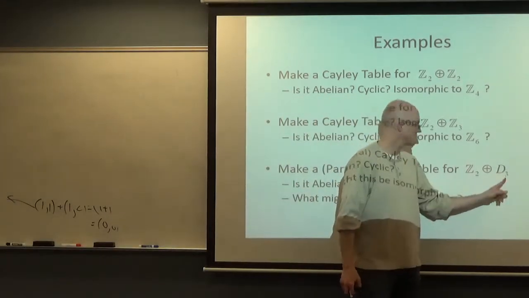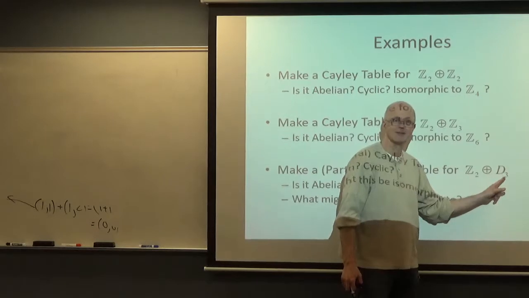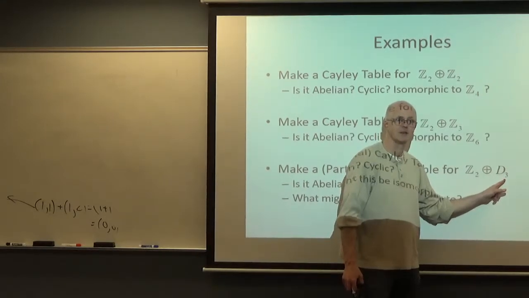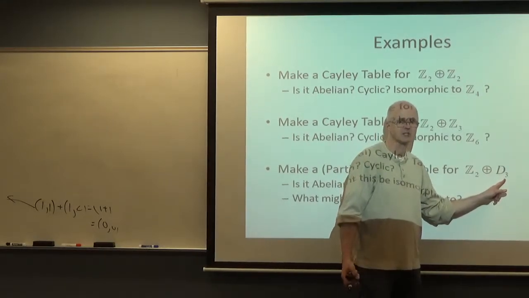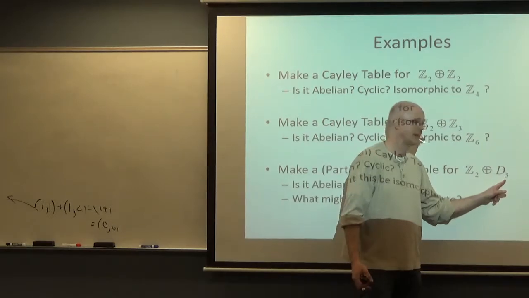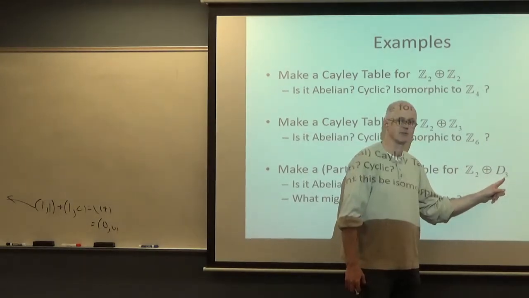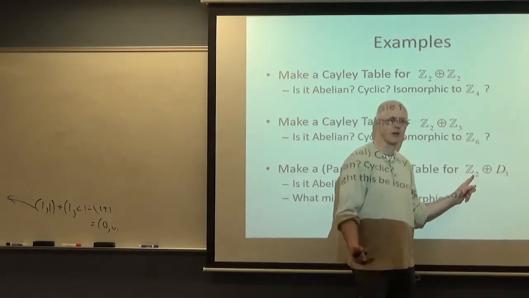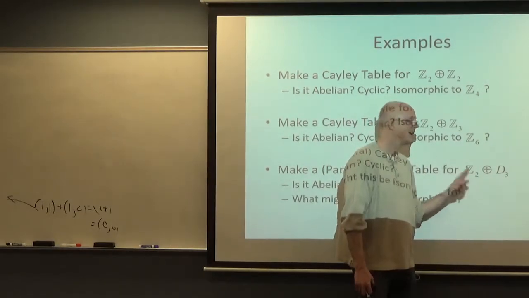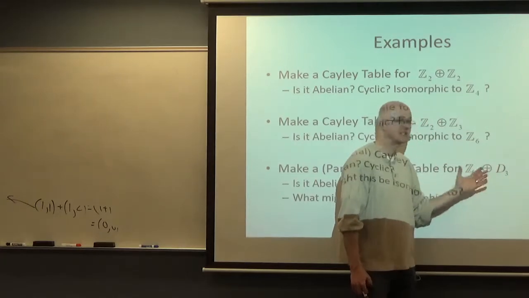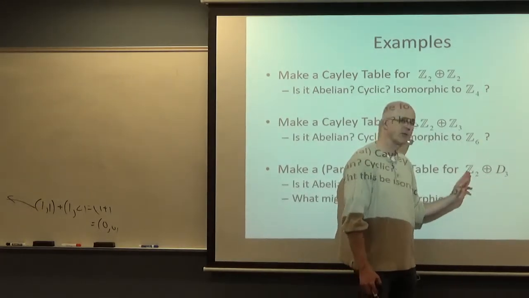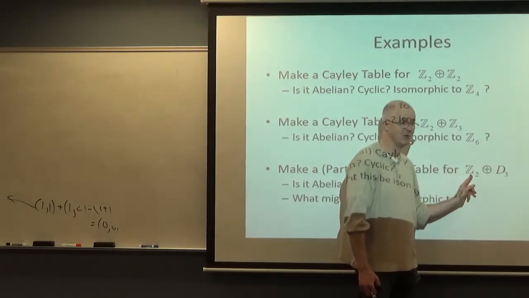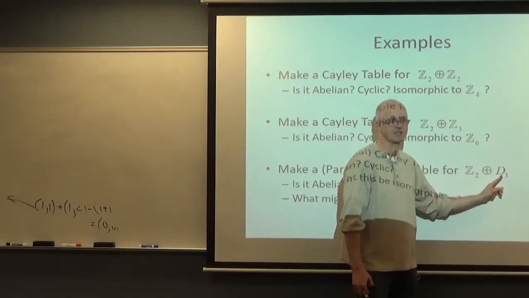It's 2 times 6. Careful, D3 has 6 elements, right? 3 rotations, 1 of which is the identity, and 3 reflections, symmetries of the equilateral triangle. Z2 is our old friend, 0 and 1. So you're going to have 2 times 6, 12 elements in this group. Careful, the operation here is addition mod 2, and the operation there is function composition.